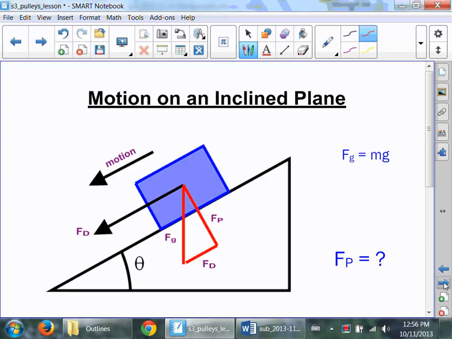Let's look at motion on an inclined plane. In other words, we have an object on something that's sloped, and we're going to take a look at motion associated with it. Okay?